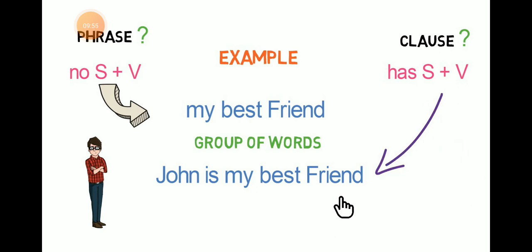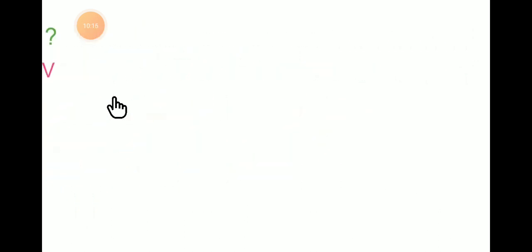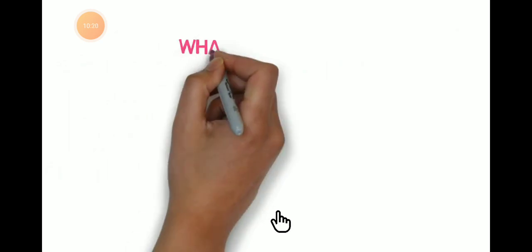Because of the subject and verb combination, it is a clause. In simple words, a clause has a subject and verb combination and a complete meaning, while a phrase doesn't. When a phrase is included in a clause, a complete meaning comes out of it.